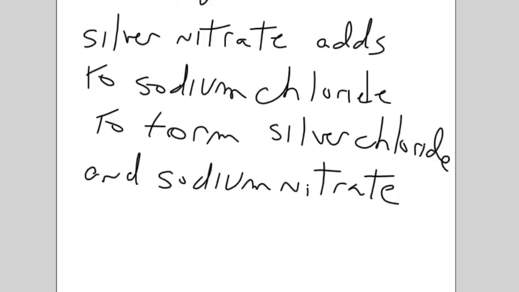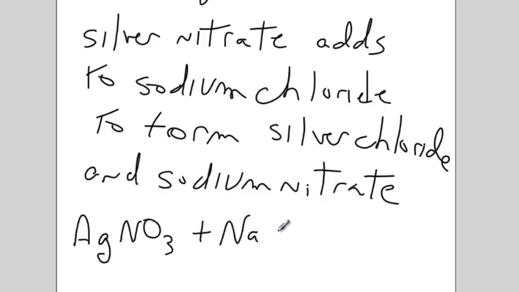So I would simply write that as silver nitrate, which I know to be AgNO3, plus sodium chloride, which I know to be NaCl, reacts to form, that's going to be an arrow. That arrow means yields.